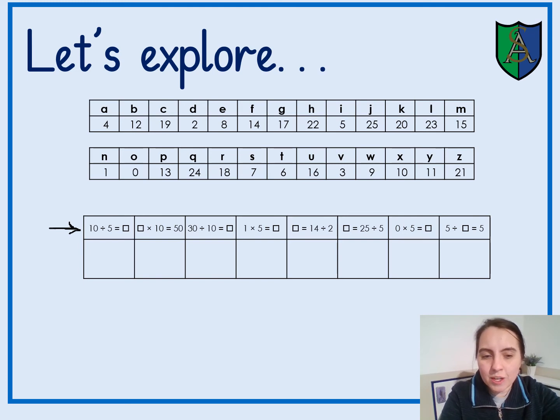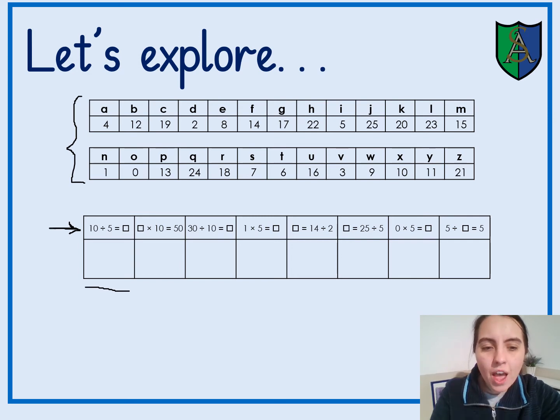And then what we will do is when we found the answers to each of the equations, we will look at the top at the alphabet and we will see which number is represented by the letter, and then we can use that letter down here to help us to crack the code. Okay, so the first one says 10 divided by 5.